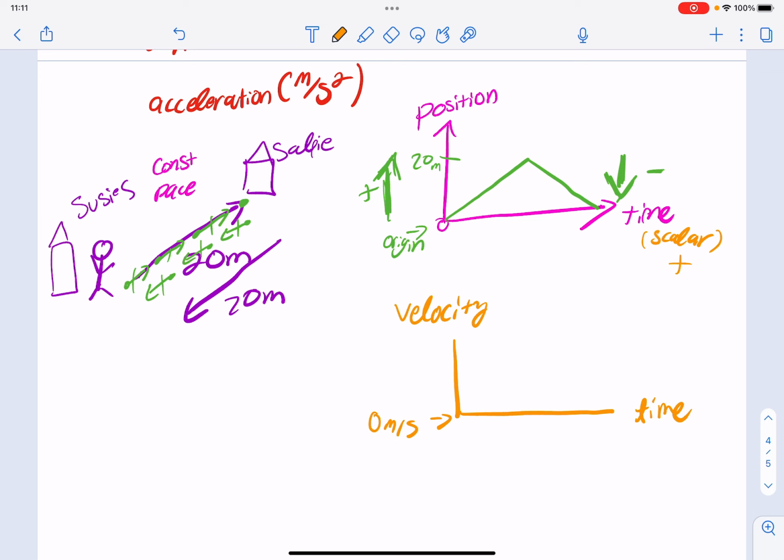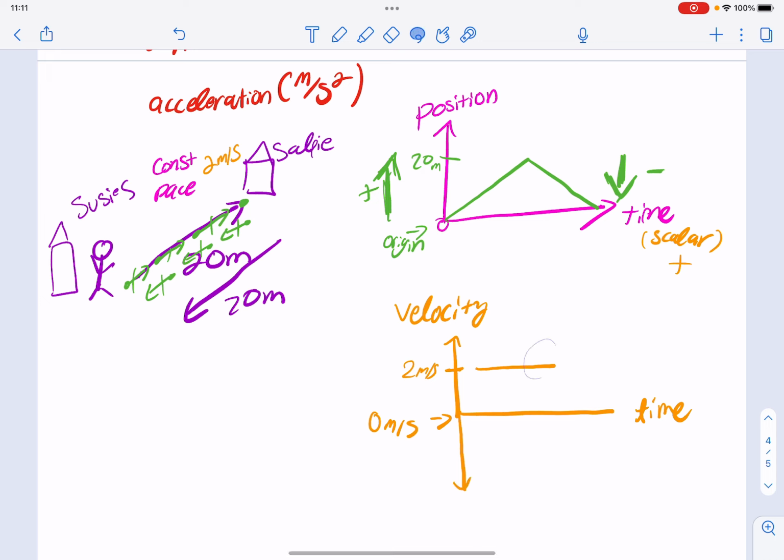So now over here, our velocity was always constant, so it would be a straight line. Let's say she was moving at 2 meters per second, right? It was always a straight line. So if this is 2 meters per second, Susie was always moving at 2 meters per second. Now, what actually changes is that Susie went negative after a while.